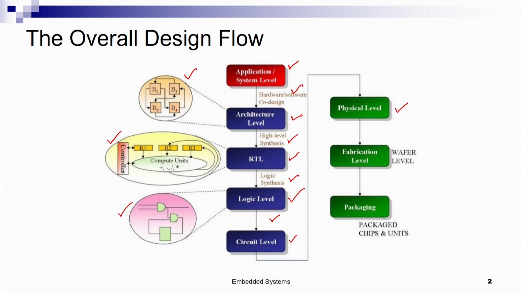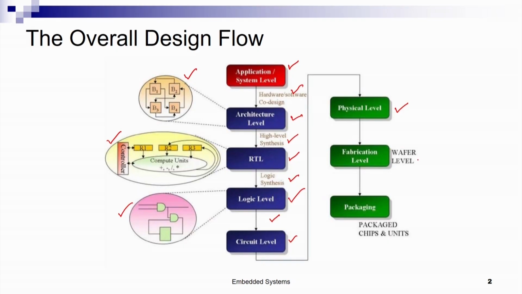So, how this transistor level design will be laid out on the silicon floor will be decided in the physical level design phase. And after this layout has been decided, we go for fabrication of this layout on the silicon chip, and we have a wafer level design, and from that we have a finally packaged chip.